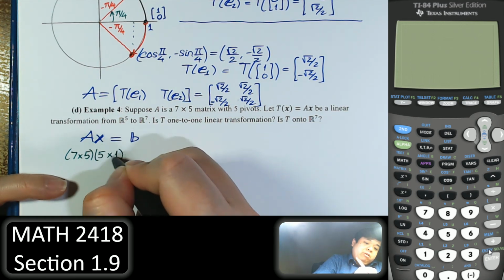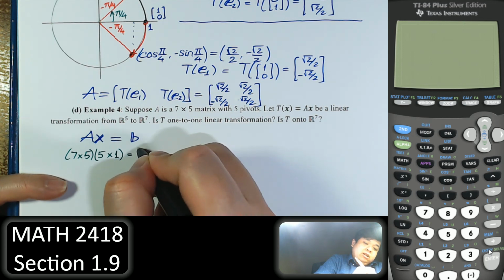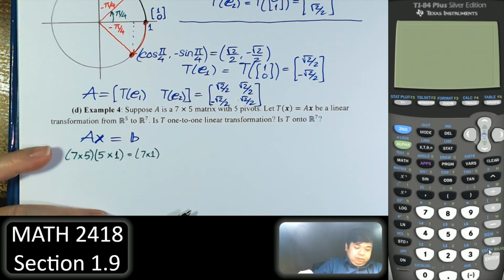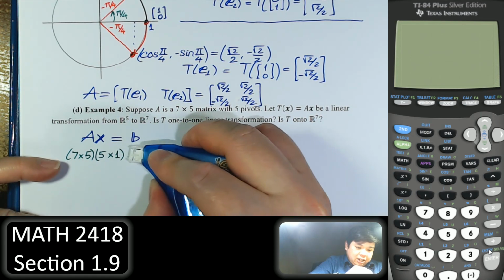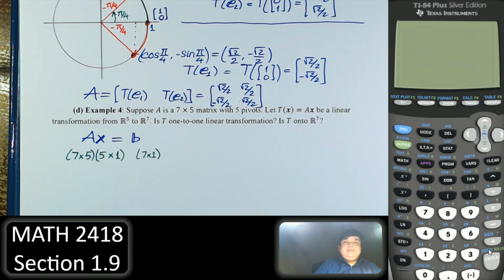So x has to be 5 by 1 and b therefore has to be 7 by 1. So that is the dimension. So indeed it goes from R5 to R7.